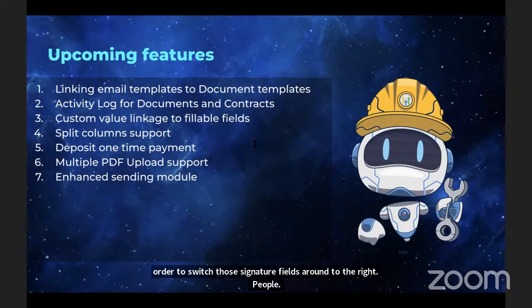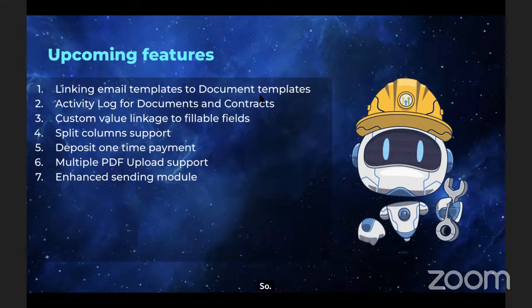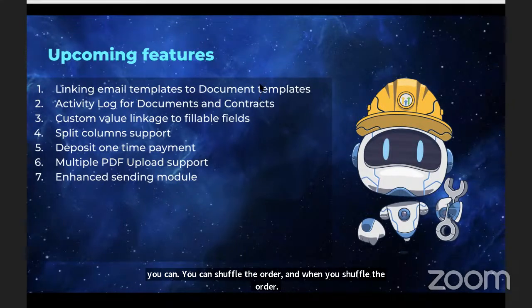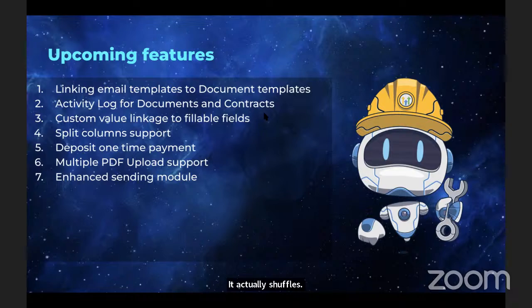You can shuffle the order, and when you shuffle the order, it actually shuffles where the signature part is. I noticed that in one of the documents I tested, the internal person's signature block was on the person that received the document.